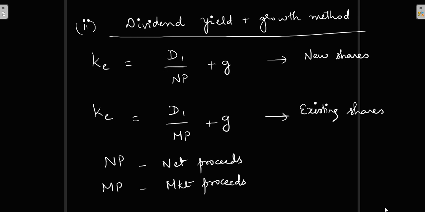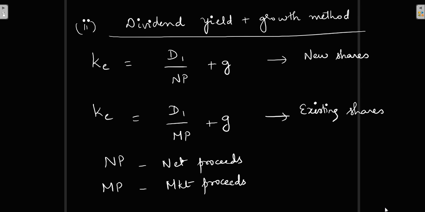In this method, the cost of equity is determined on the basis of the expected dividend rate plus the rate of growth in dividend. The growth rate in dividend is assumed to be equal to the growth rate in earnings per share and market price per share.